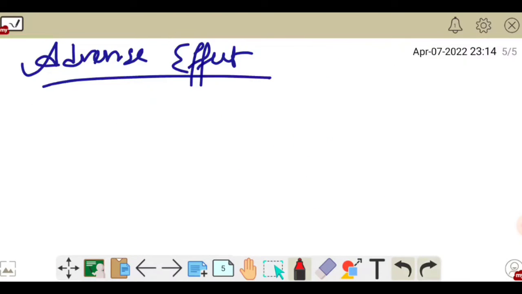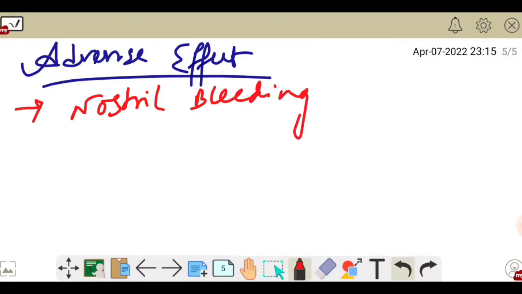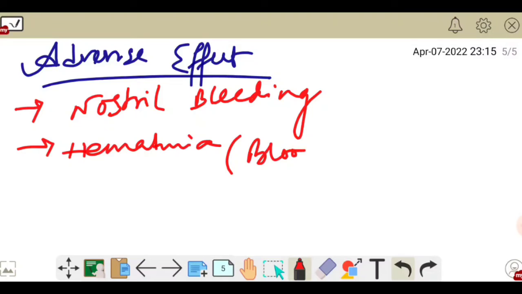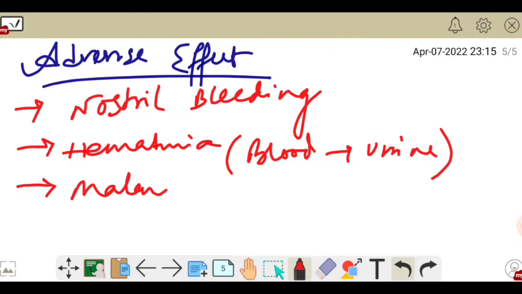Okay, so there are various kinds of adverse effects of administering heparin. Let's discuss some of them. Number 1, there may be nostril bleeding. There may be hematuria, which means blood in urine. There may be melena, that is blood in stool.